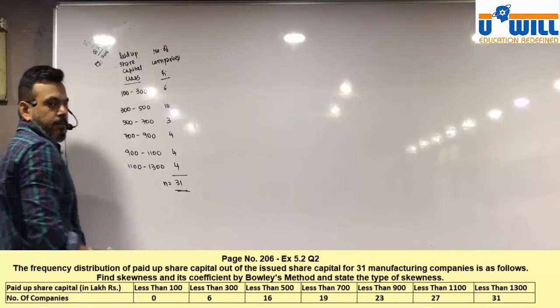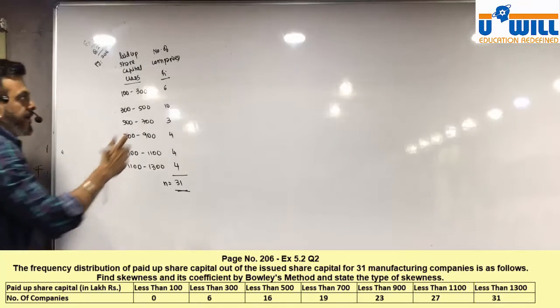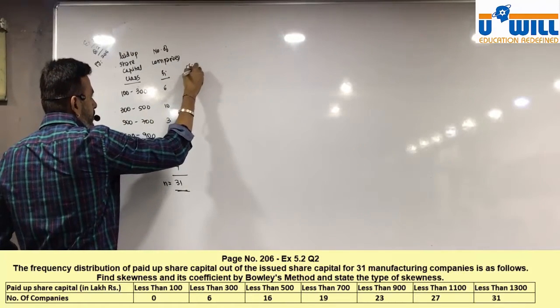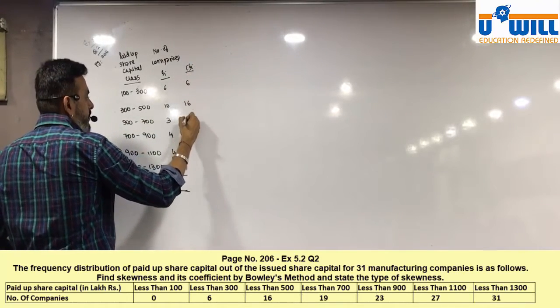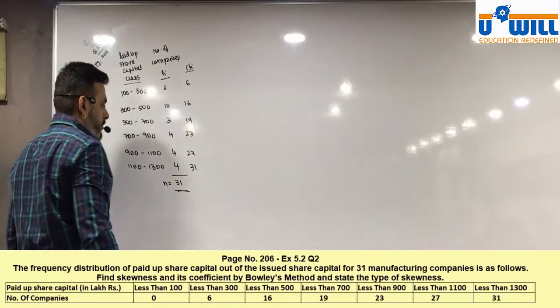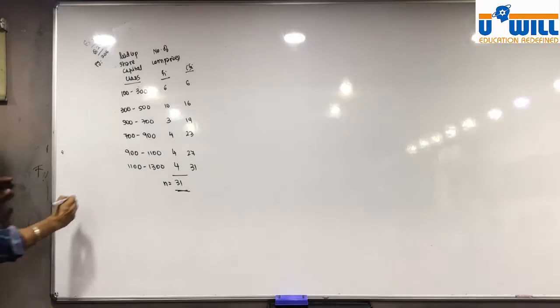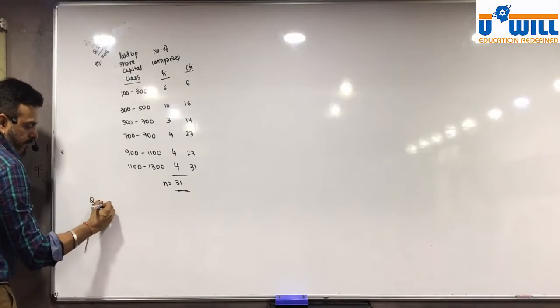31 and should be equal to 31. Then cumulative frequency CFI 6, 16, 19, 23, 27, 31. First we find out the Q1 class.